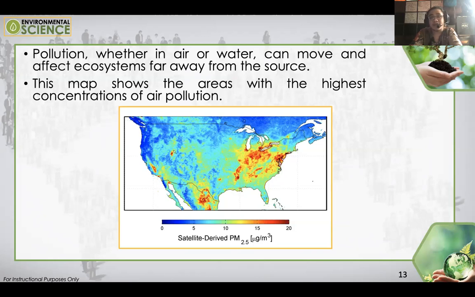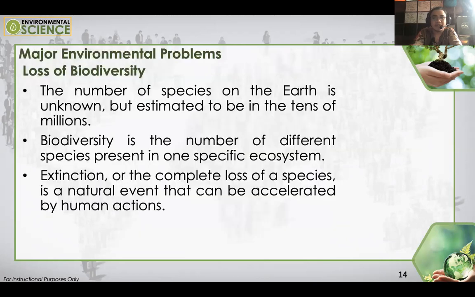Nung December, 418 ppm. At that time, nasunog pa ang Amazon rainforest at ang Australian bushfire. So hindi natin alam kung ano nangyari. But tatalakayin din natin further in this course kung ano nga ba ang state ng atmosphere natin as of today. Okay?